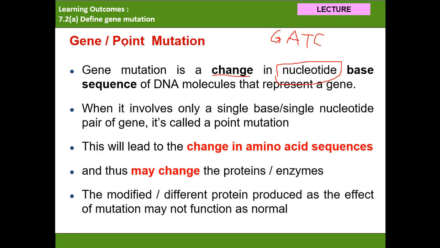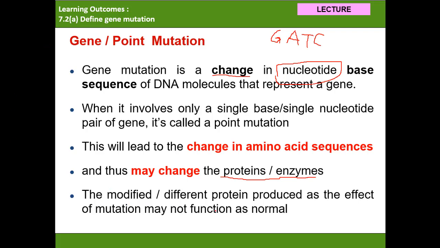Gene or point mutation occurs when it involves only a single base or single nucleotide pair of a gene. This will lead to the change in amino acid sequences and thus may change the protein or enzyme that is being produced.